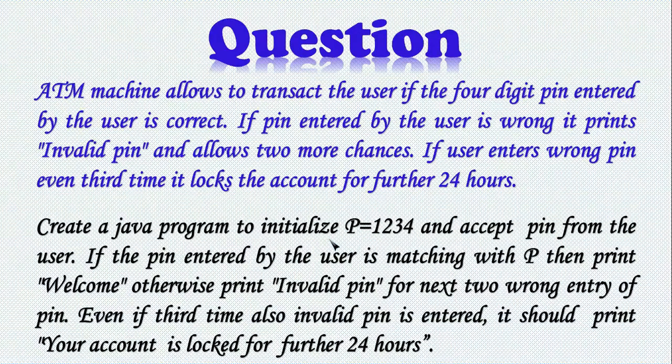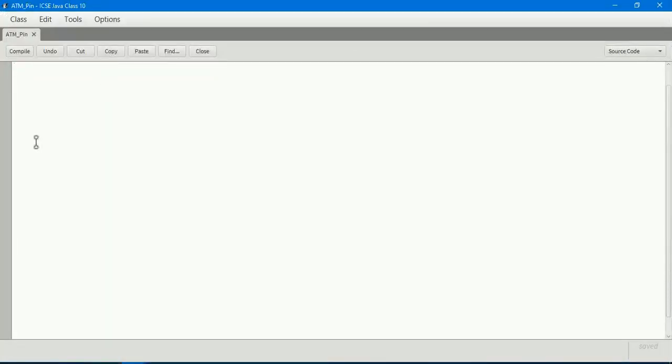So let us open BlueJ and create a program to take the input from the user. I am importing java.util.Scanner. Then I create a class called ATM underscore pin. So I write the main method.